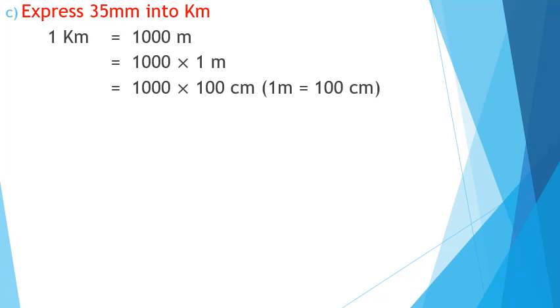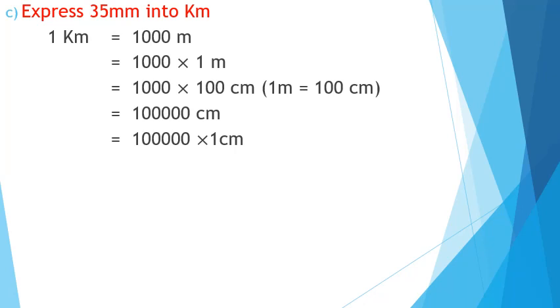1 kilometer equal to 1000 meter. That is equal to 1000 multiplied by 1 meter. Instead of 1 meter, we can write 100 centimeter. So 1 kilometer equal to 1 lakh centimeter.